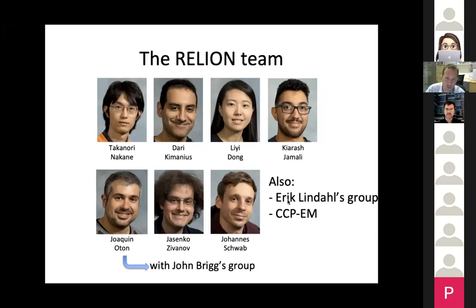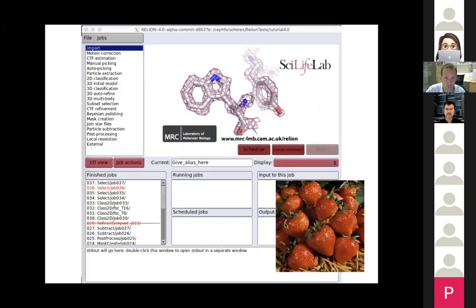And then also the Collaborative Computational Project in Electron Microscopy group, who's based at Harwell here in the UK, have recently made contributions. And as I'll talk about near the very end, we're working on a tighter integration with the CCPEM software.